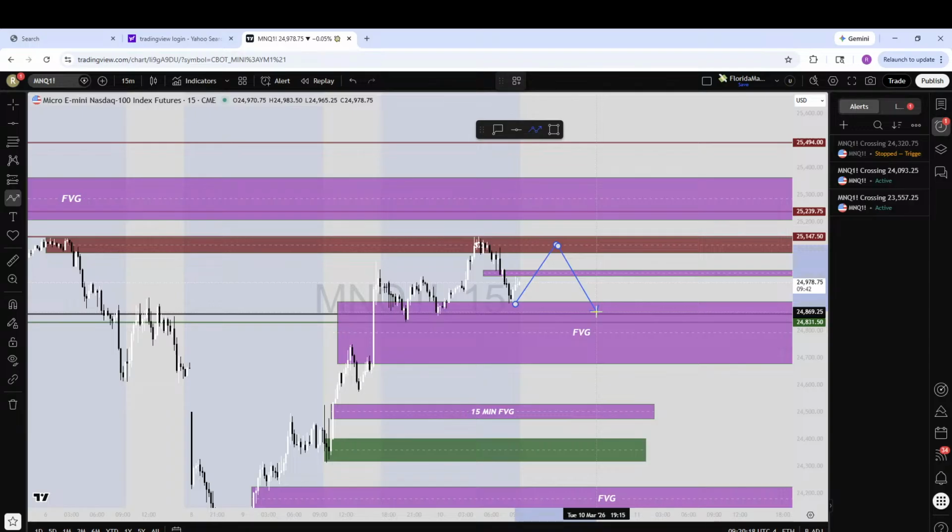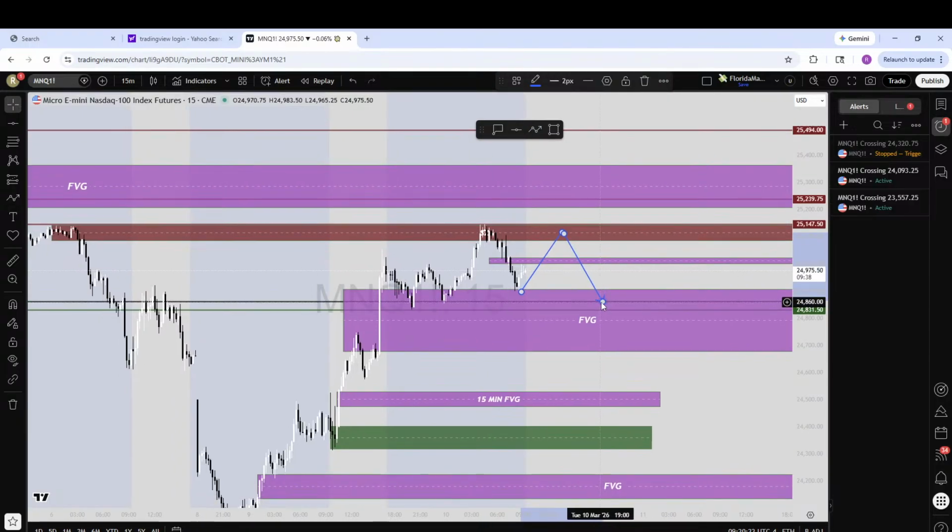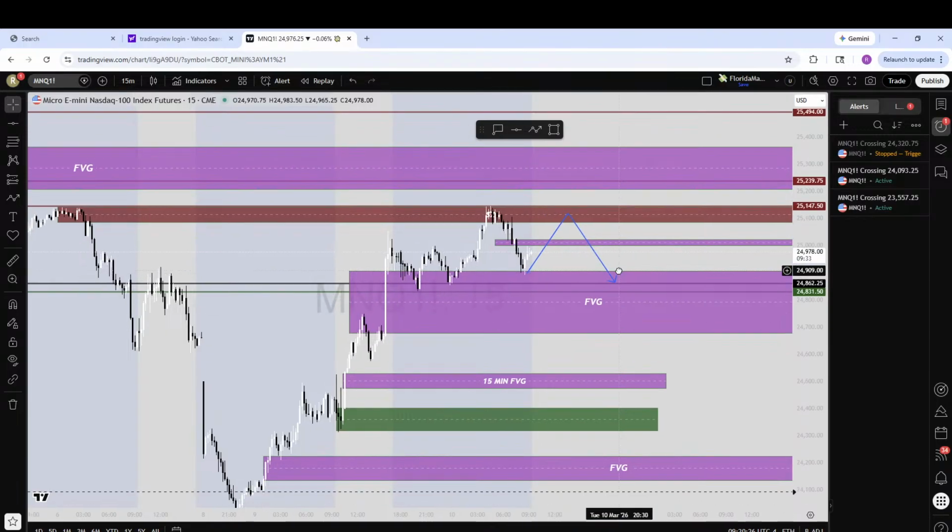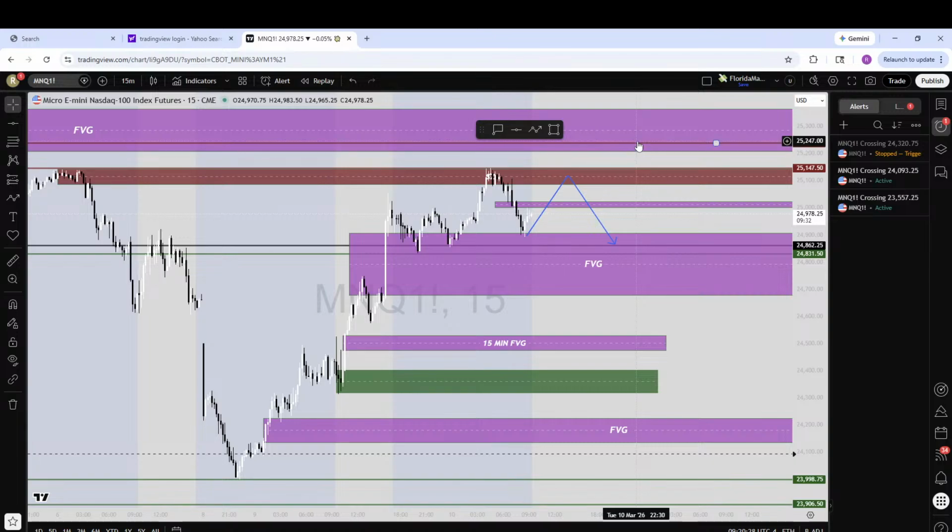Okay, I don't know what's going on with TradingView, or maybe I'm the one missing something.